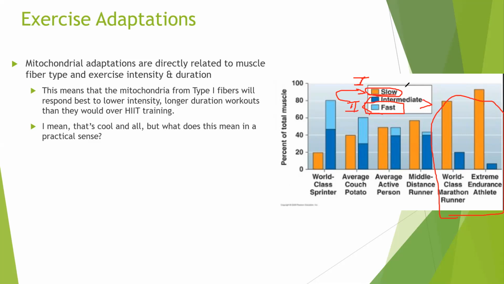Now, one of the other things to consider here is that you can always change this. While there's still a lot of confounding research out there, most researchers would agree that you could at least change roughly 10% of your overall muscle fiber types within a couple months.